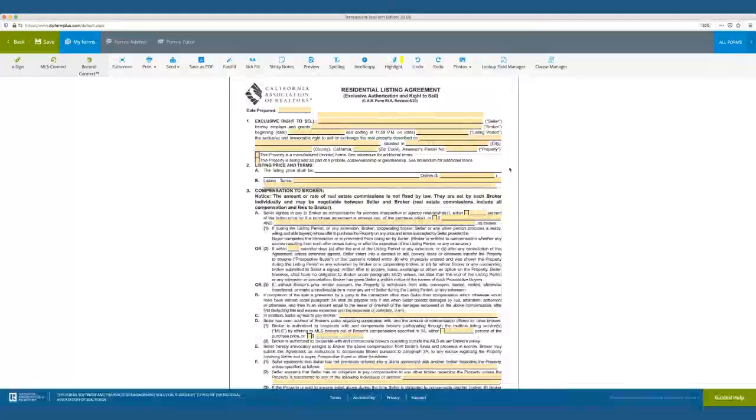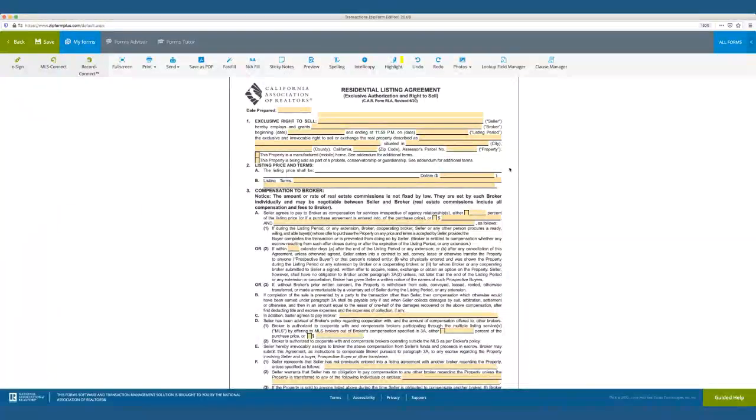Theoretically, it doesn't. I'm sorry, I'm speaking out loud, and it would accumulate if it does eventually go on the MLS. It would accumulate those days on market. So the better way is to do a coming soon, because there are no days on market then. So that's the way to do it.